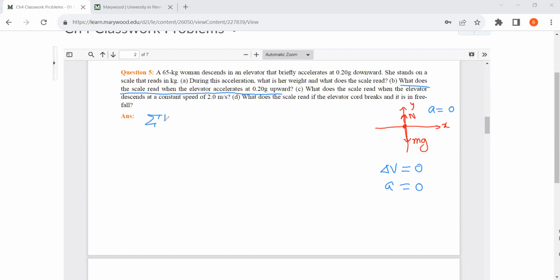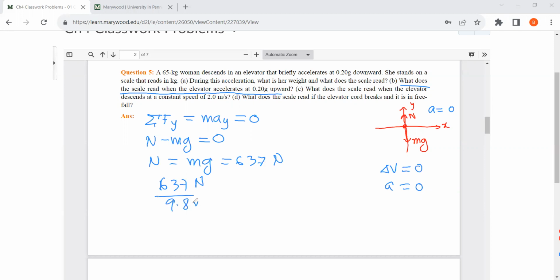So if the elevator is moving at a constant speed, then you know that the right hand side is equal to 0. So n minus mg equal to 0. So n equal to mg, so it will be 637 Newton, and then divided by 9.8 meter per second square, so this is number C, will be just 65 kilogram.